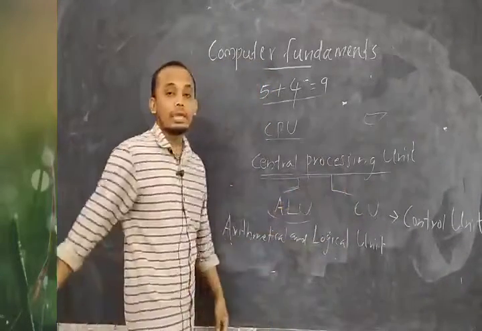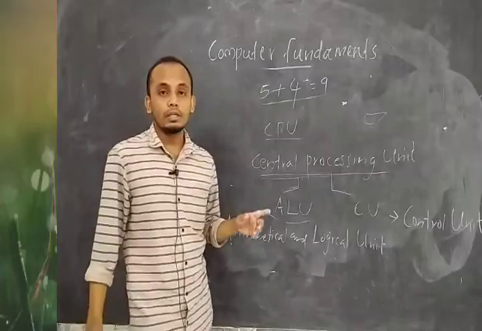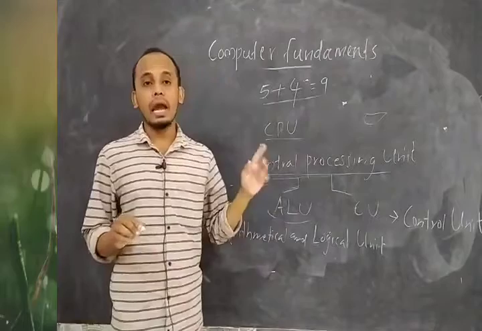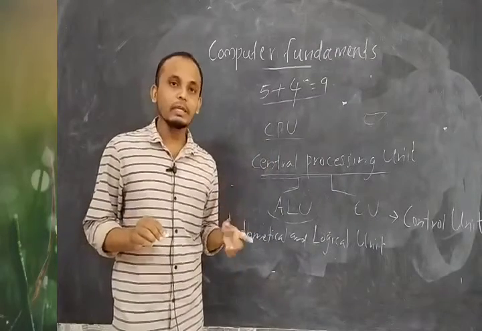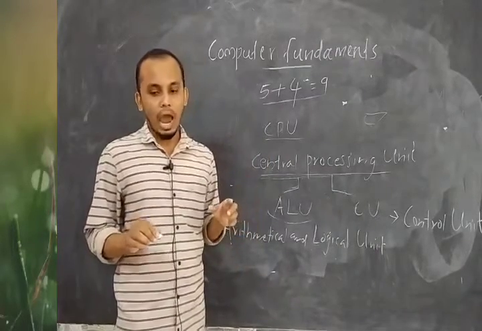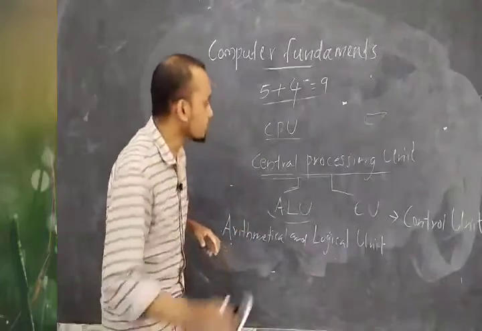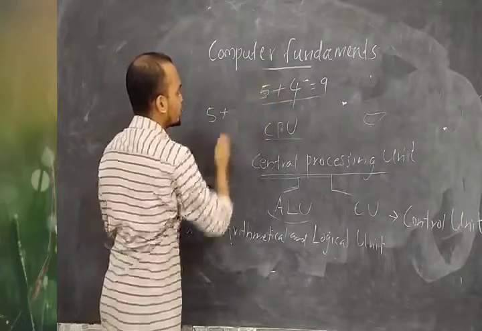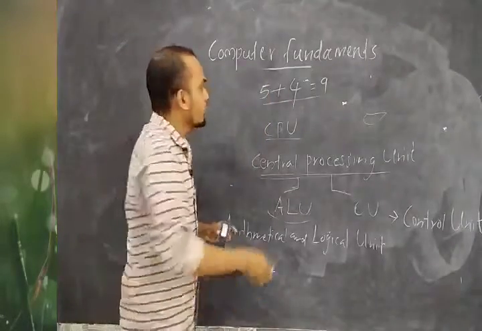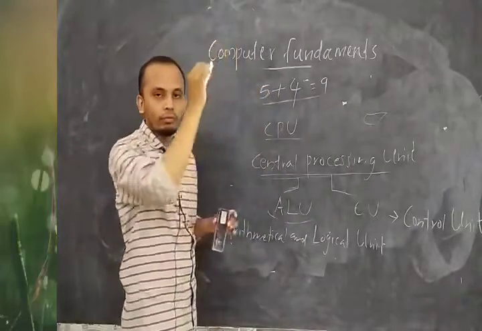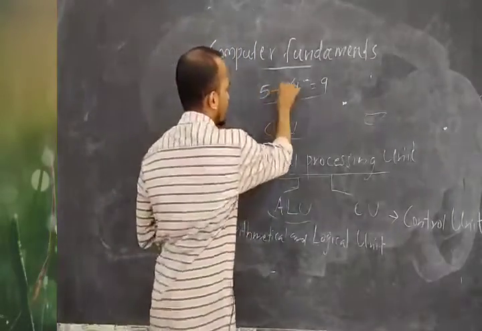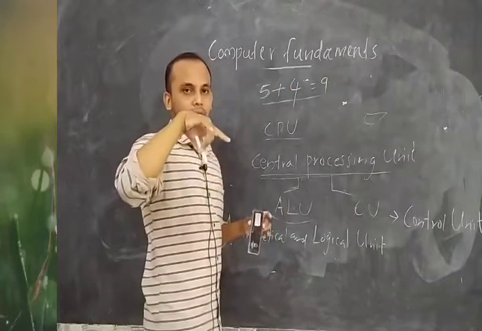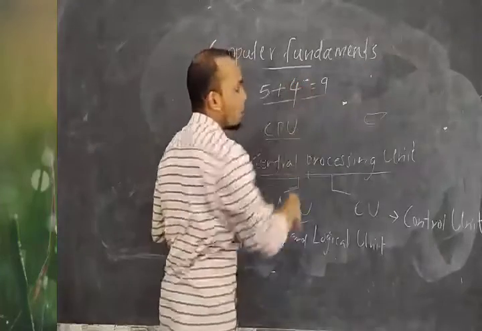The duty of ALU is, it is used for what? Arithmetical and logical calculation. I already explained one calculation, 5 plus 4. We can give 5 using keyboard, then plus also you can enter with the help of keyboard, then 4.